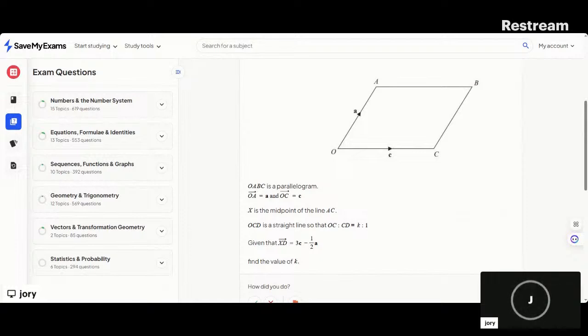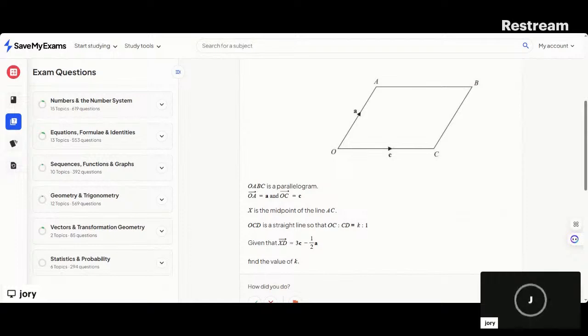Okay, let's draw this. I think it'll be easier if we draw it. We get another sheet of paper. Yeah, this one looks pretty empty. Okay, we're drawing this parallelogram, just like the question. We have O, A, B, C. And then we have this as A, and we have this as C. And we have a line AC, and the midpoint is X. And then OCD, there's a D somewhere back here.